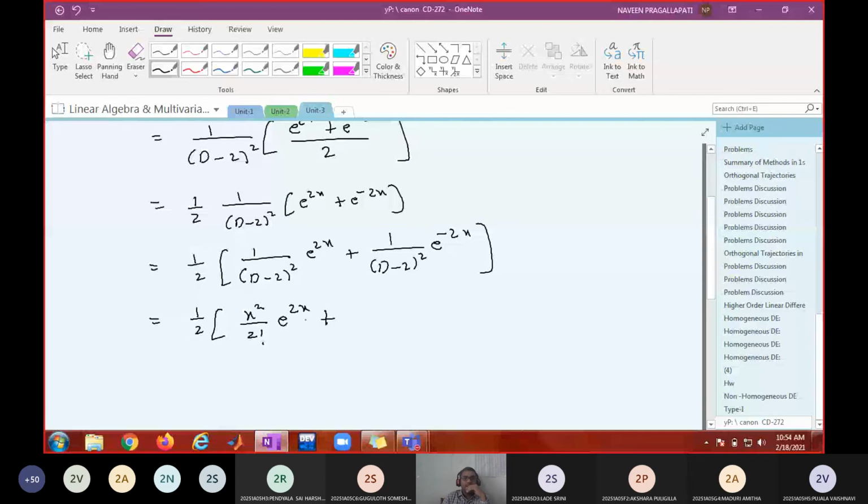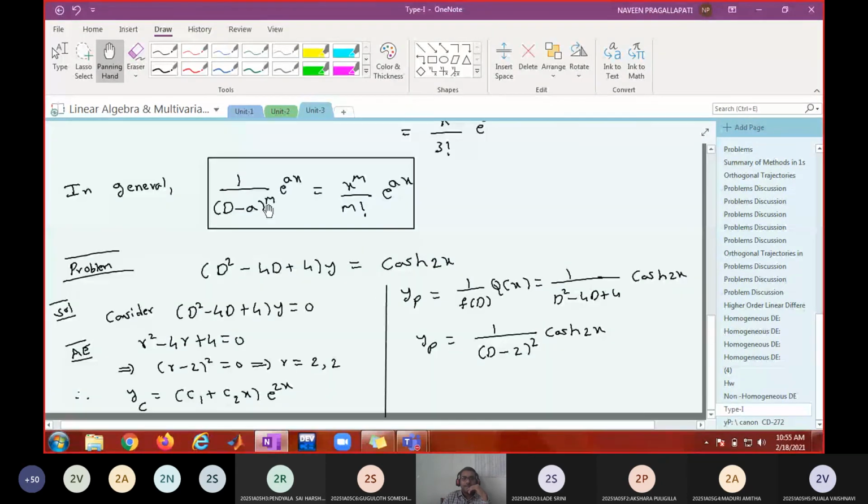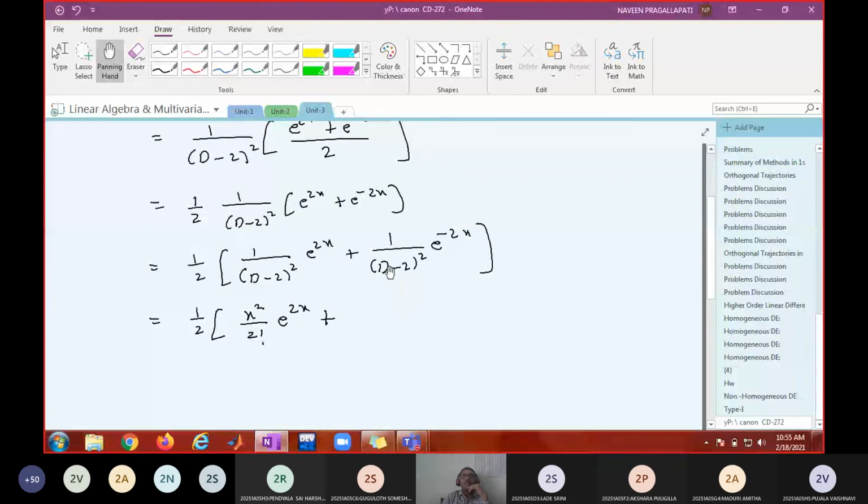Now, is the second term in this form? It is not in that form, right? Here a is 2, but here minus 2 is there. If it is minus a, here plus a. But here minus, so that formula won't work.